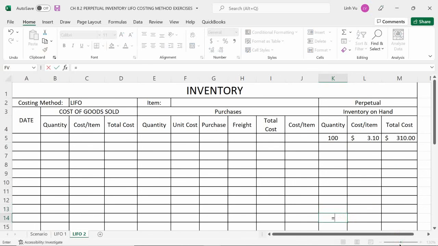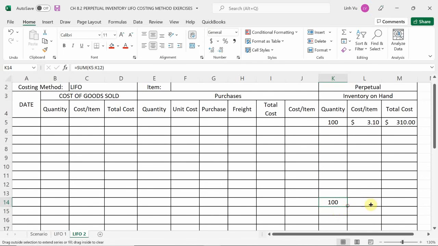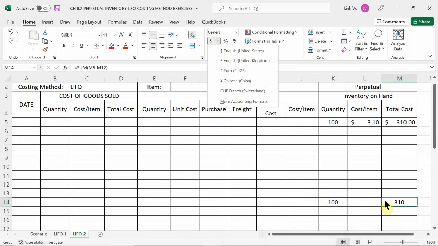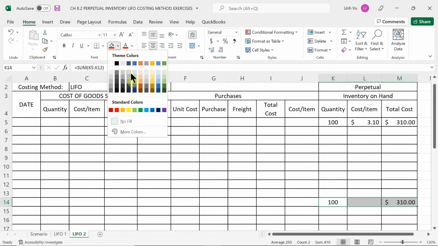And I'm going to go ahead and build my equal sum so I know what's my total goods available at all times. And I'm going to color code this for my sake so that I know this is a calculation.